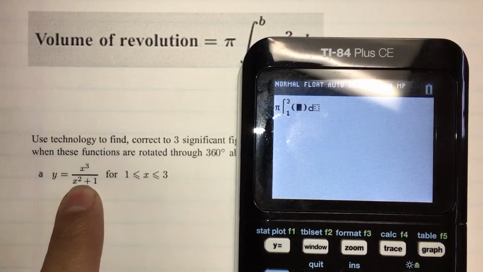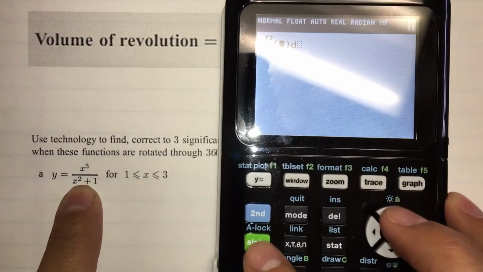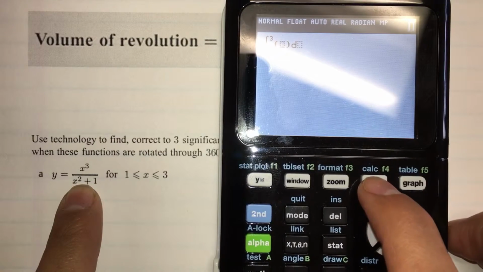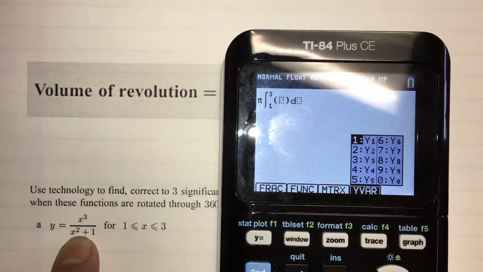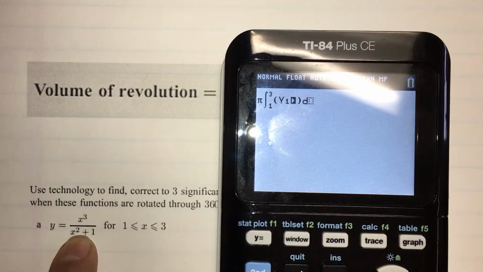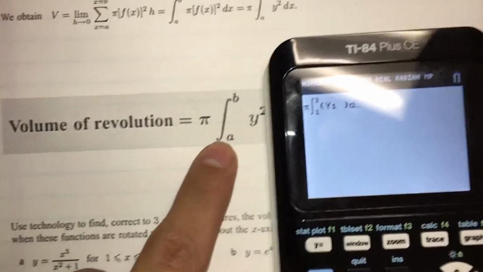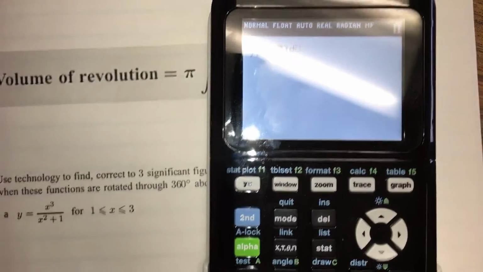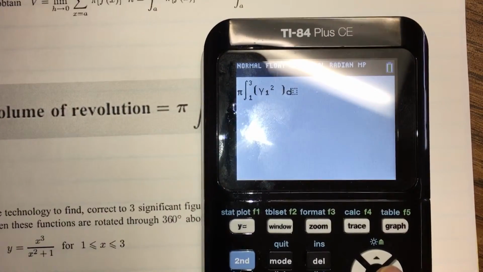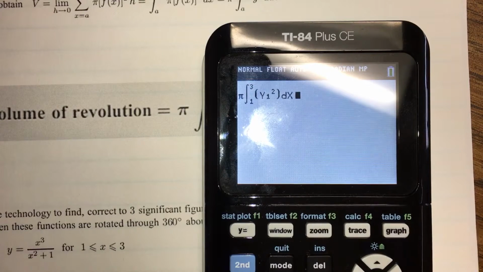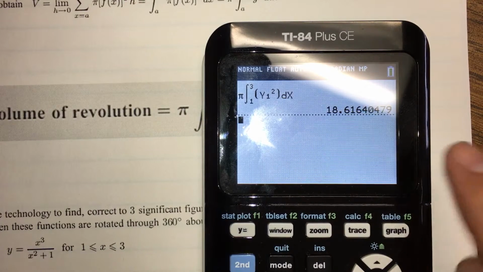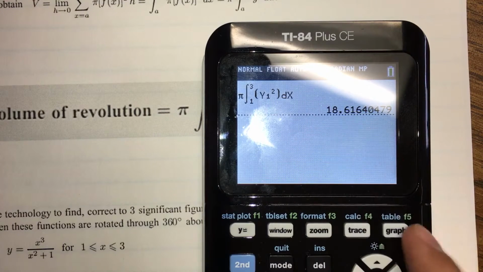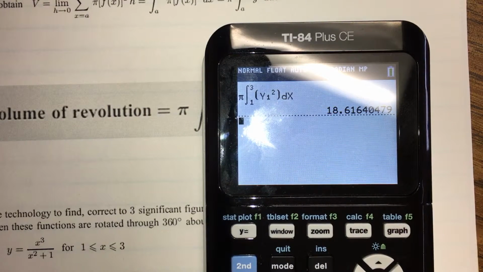Our function, it's already entered in y1, so to bring that up, I'm going to hit alpha trace, or alpha F4, and select my y1. So it's pi times the integral of a to b of y squared, and this is important to square the function, and we're doing this with respect to x, and you hit enter. So your answer is 18.6. That's the answer to 3 significant figures.